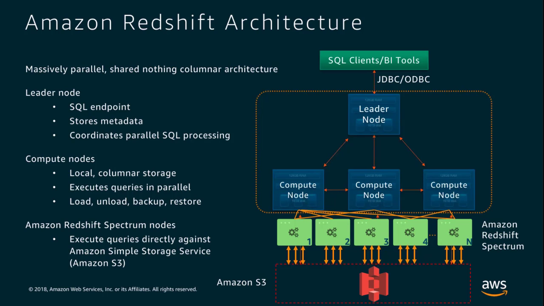So this is the integration with S3 that I was mentioning before. You can load data directly into Redshift or unload it if you want to remove data out of Redshift. Or you also have the option to query with what we call Amazon Redshift Spectrum, which is an elastic layer of compute that sits between your compute nodes and S3.